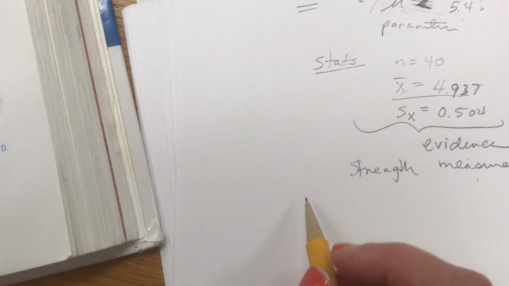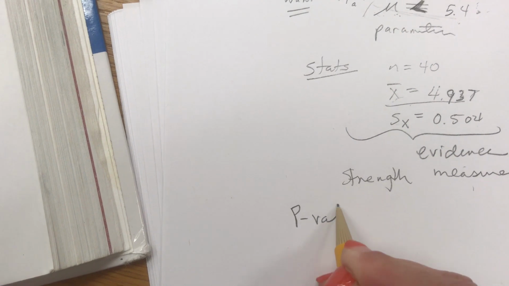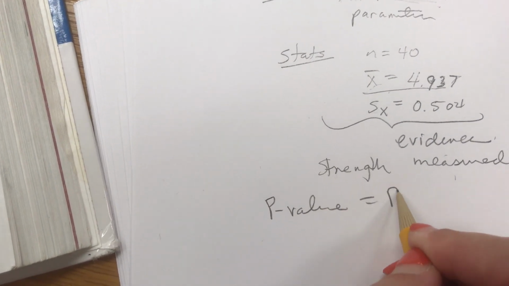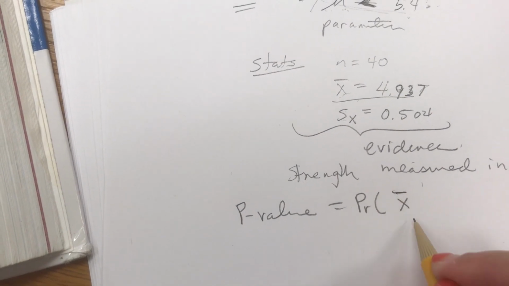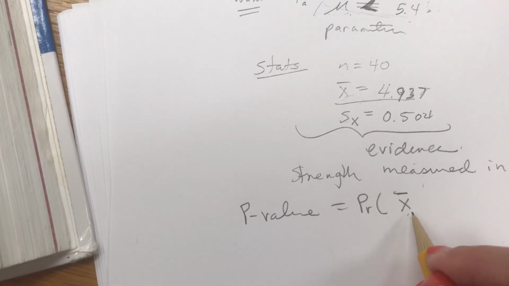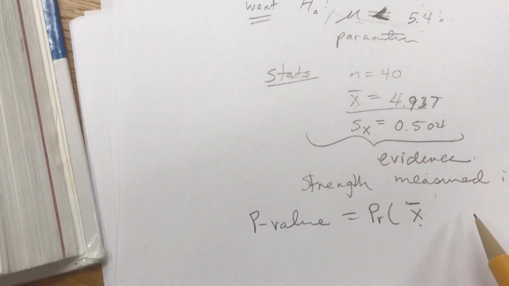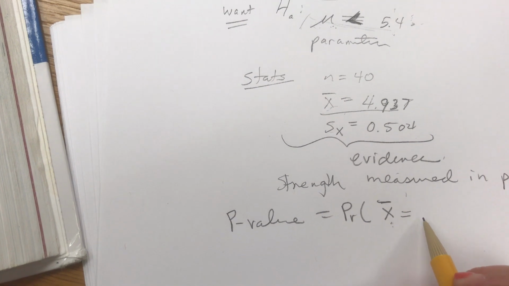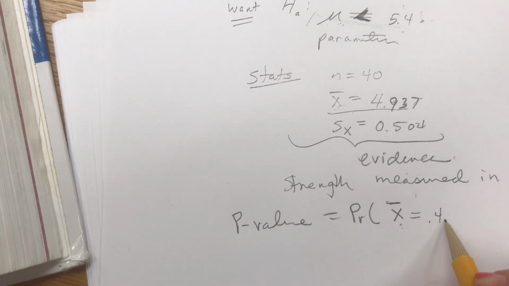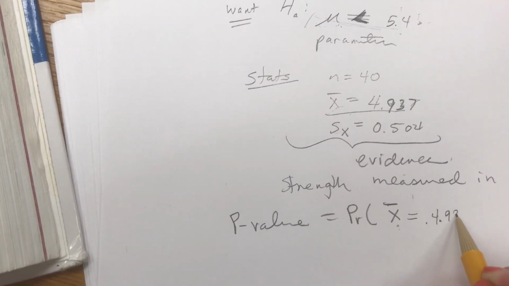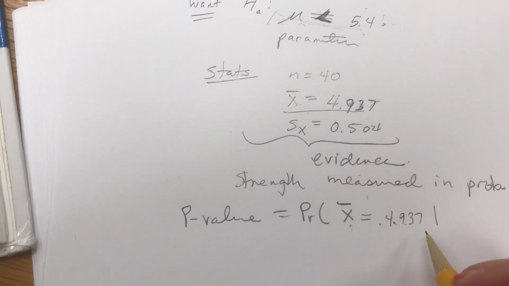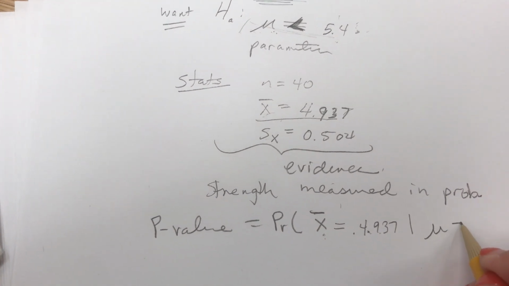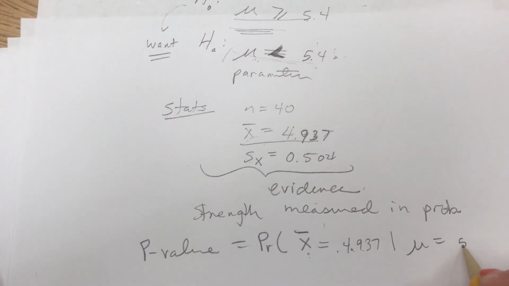So the strength is measured in probability. That's called our p-value. Just to write it out in terms of probability, let's use x bar, a good point estimator for the average for the entire population. How likely was it that our average is 4.937, given the true mean is actually 5.4?